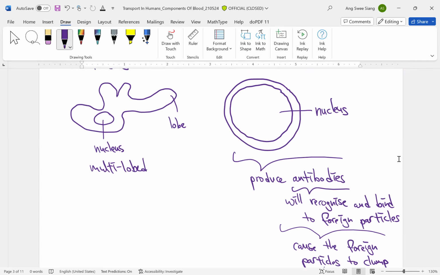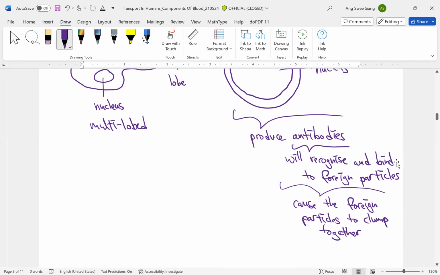So these antibodies will recognize and bind to the foreign particles. They will cause the foreign particles to clump together, and they will secrete chemicals, or send out a signal, to attract the phagocytes, so that the phagocytes will come and engulf and ingest the foreign particle.